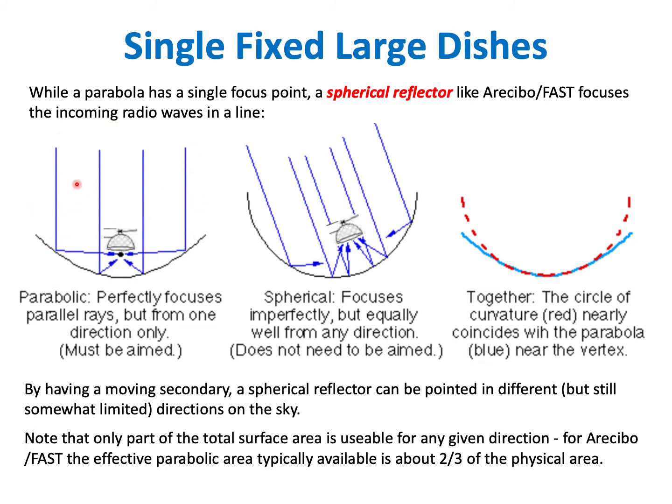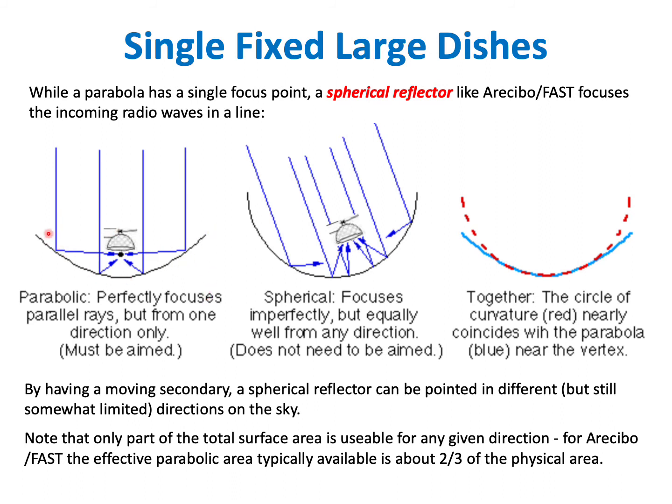Remember, as a plane wave comes in, all of the points along that plane wave, regardless of where they hit on the parabola, arrive at the focus at the same time. But that's not true if the wave isn't incident on the parabola directly. But of course, if we're using a pointed parabolic antenna, we're pointed at what we want to look at.